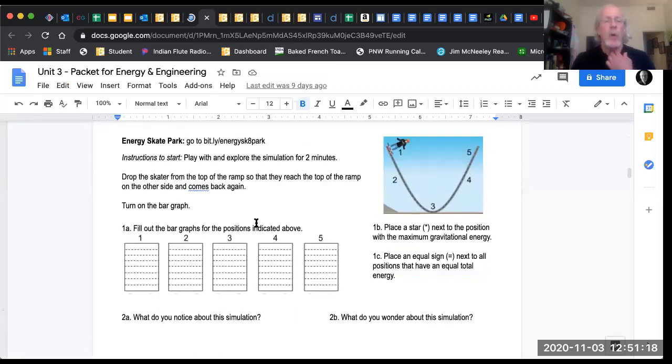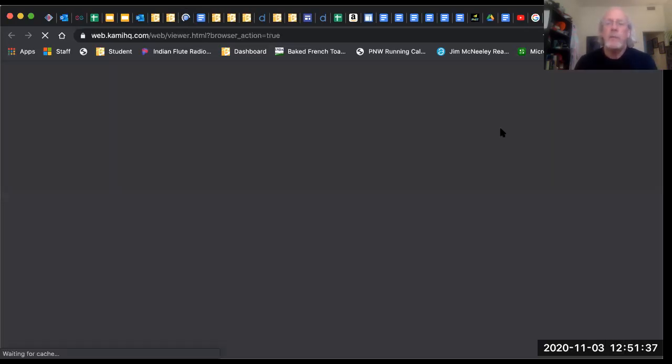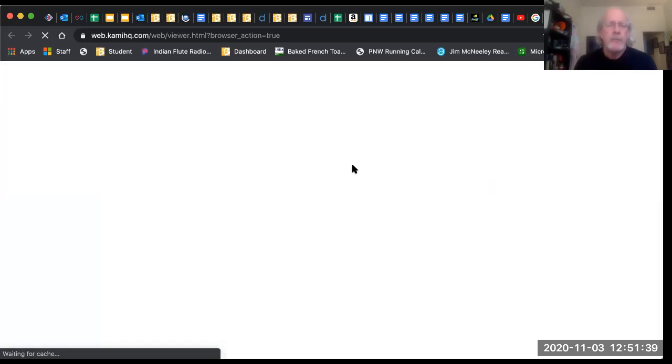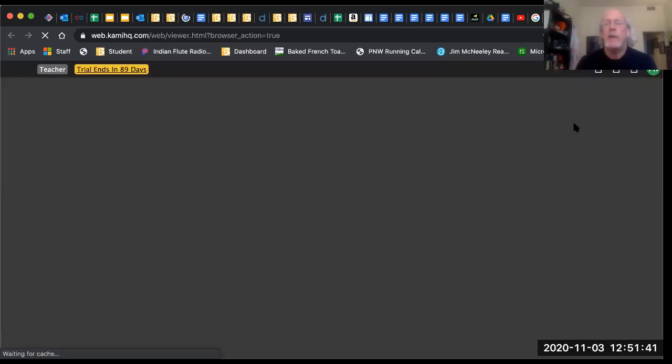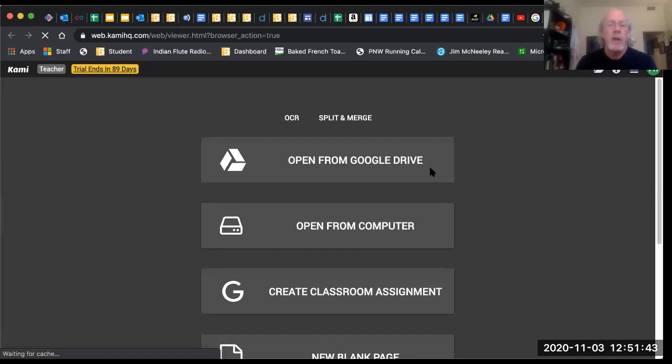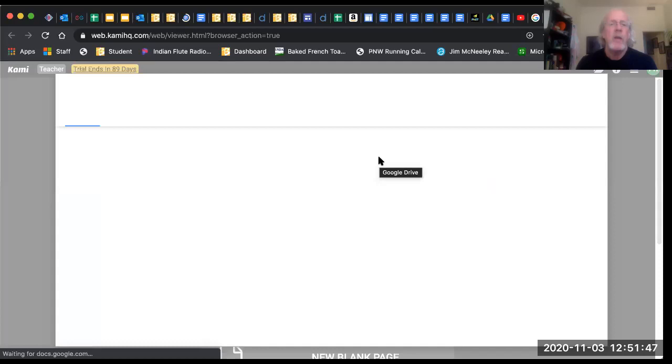When you were doing your energy diagrams, I described that there were several different ways to do it. Another alternate way is a little application called Kami. I'm going to bring this into Kami so that we can do a little bit of work with it, and we can actually look at some of the graphs. I'm going to open this one from Google Drive.